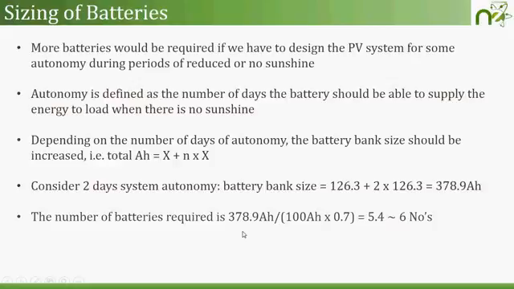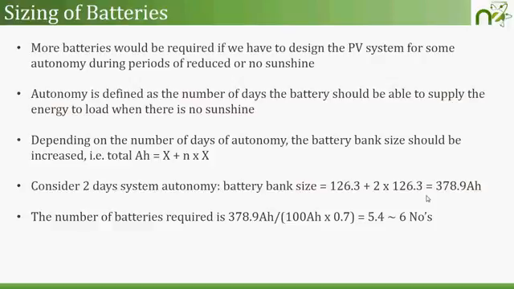Again the same thing, we need to calculate the number of batteries. The battery rating is 100 ampere hours, and 0.70, 70%, is the rate of discharge. Hence the total number of batteries would be 5.4, which is approximately 6. Now this gives 12 volts, but we need 24 volts. Hence we need 6 batteries connected in one series, which generates 12 volt.